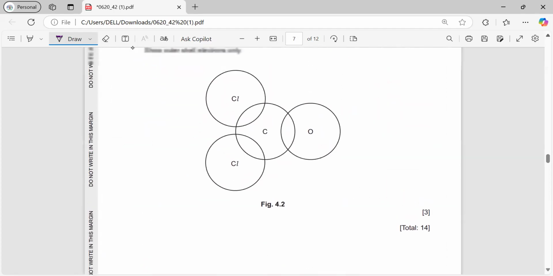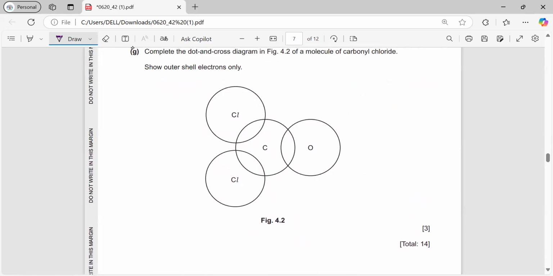Then we have to complete the dot and cross diagram for this carbonyl chloride. Now, the structure of carbonyl chloride is like this: carbon is bonded with two chlorine atoms with a single bond each and with one oxygen with a double bond. So carbon has 4 electrons in its outer shell. It will share 1 electron with each chlorine and 2 electrons with the oxygen.